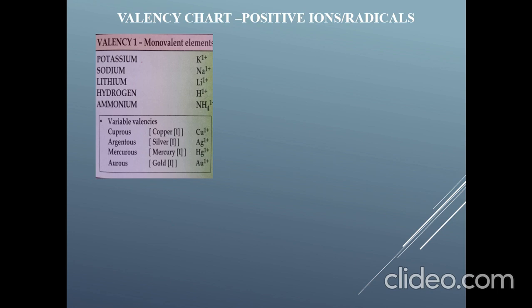Now let us understand about the monovalent elements. Potassium, sodium, lithium, hydrogen, ammonium ion. All of them have valency 1. So they are monovalent in nature. While cuprous Cu+, argentous Ag+, mercurous Hg+, aurous Au+, all of them are also monovalent.